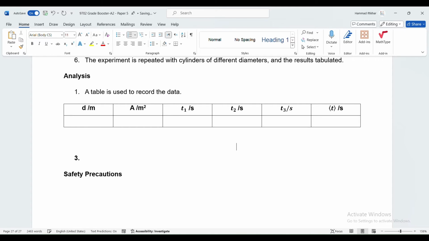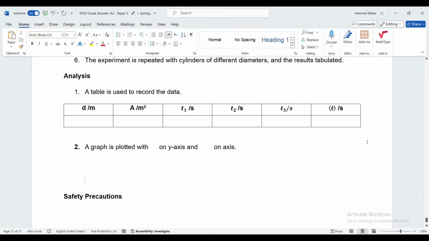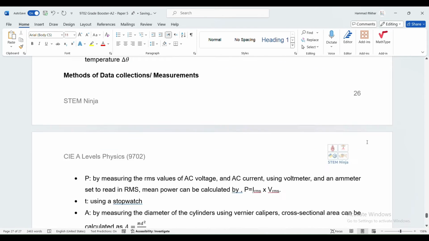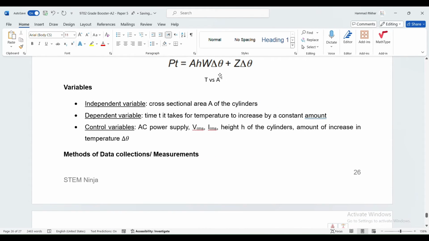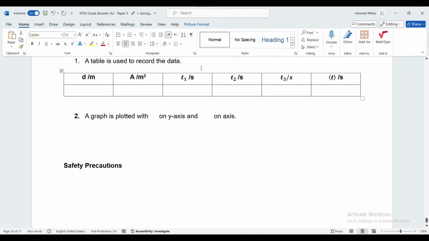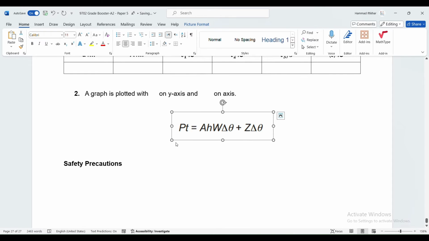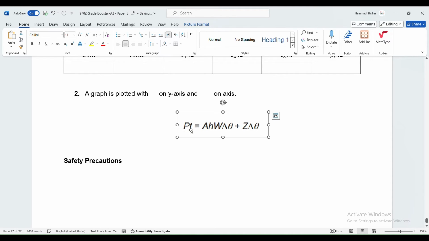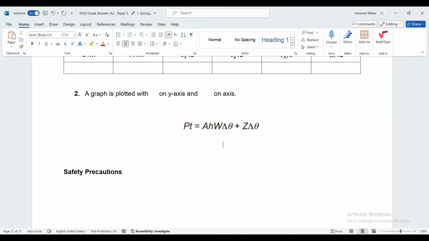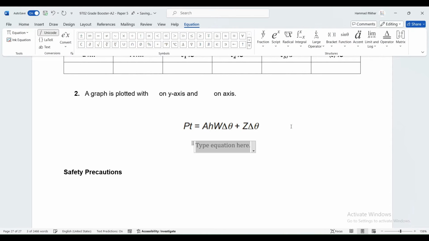Now we have to decide what is going to be on our x-axis and what is going to be on our y-axis. So for that, I'll just simply copy this over here to analyze this portion. Time is the dependent, right?